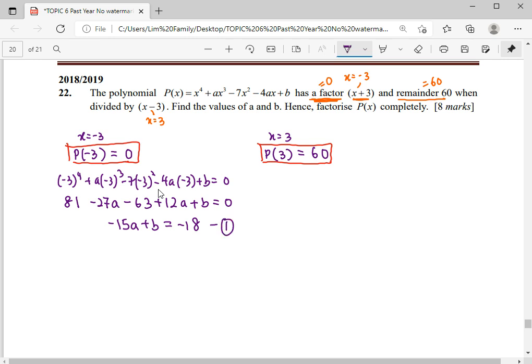The first simultaneous equation we get already. Continue for the second information here, where the remainder is 60.